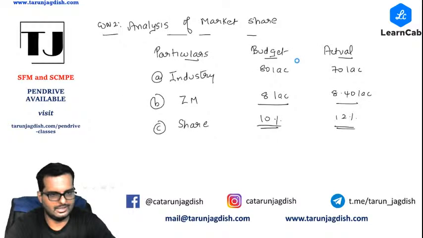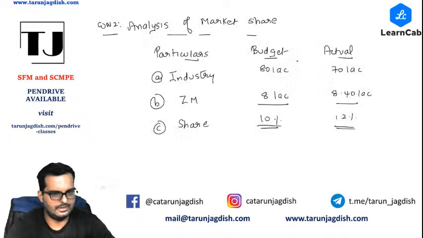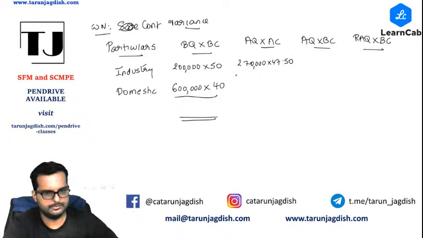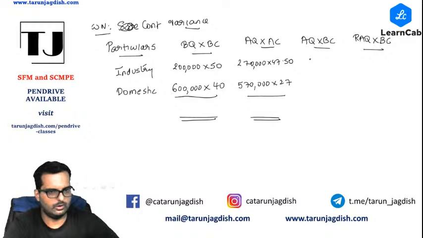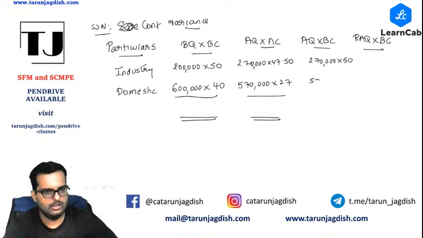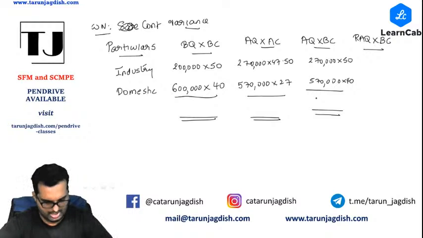Okay, and what about the second case? It's 5 lakh 70 into 27. Third one would be what now? 2 lakh 70 into 50. 5 lakh 70 into 40. And the last one would be RAQ, that is total actual quantity. 2 lakh 70 plus 5 lakh 70 in the standard mix.